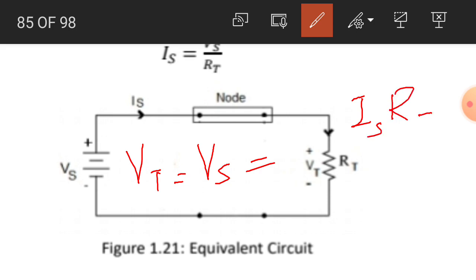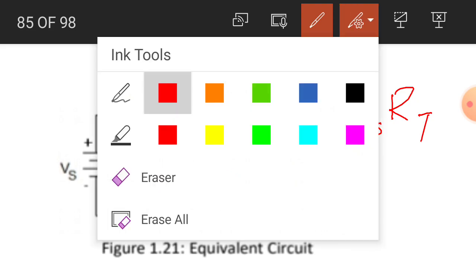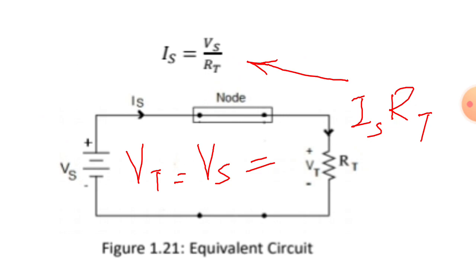This will be the voltage drop across the single resistor, and we can calculate Is from this equation. So the current in circuit number 2 will be equal to Vs divided by RT.